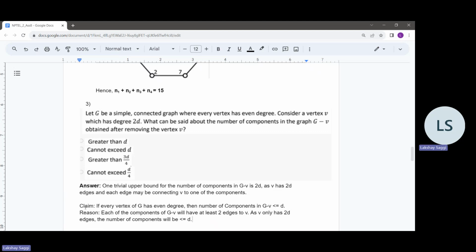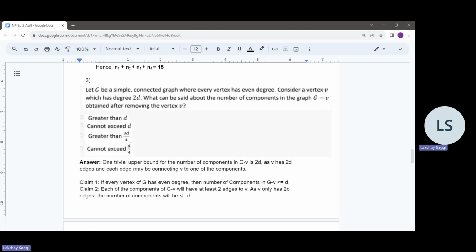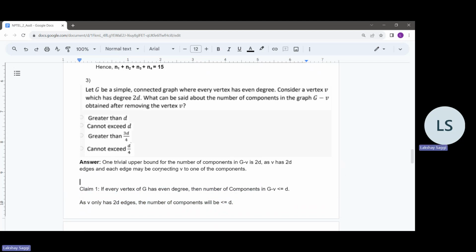Maybe I should write it as claim 1 and this is claim 2. Basically, if claim 2 is true, that each of the components will have at least two edges to V, let's just say I call this claim 2. What I'm trying to say is I claim this and then I claim this, and this claim proves this. Maybe I should write it in reverse order so that it becomes a bit more comprehensible.